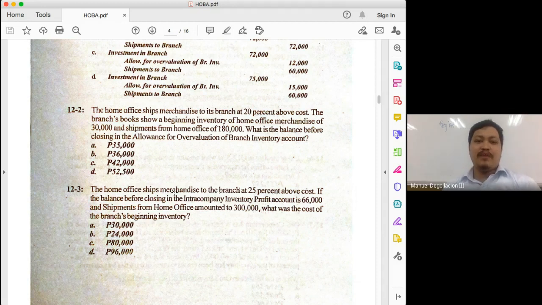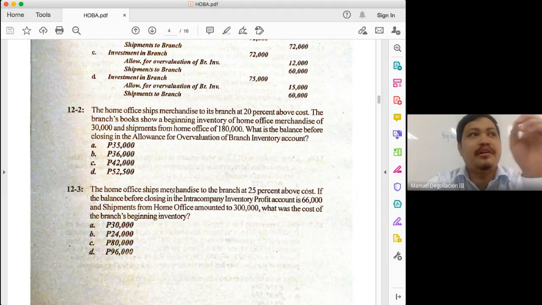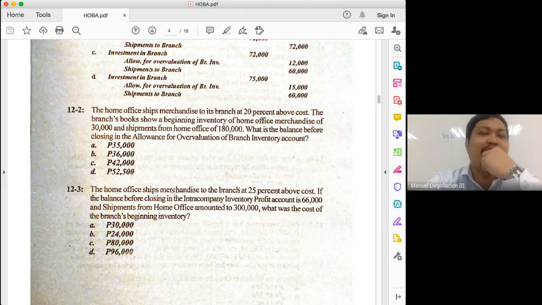Okay, and are we given the amount of shipments at the start, the beginning inventory, class? The branch's books show a beginning inventory of home office merchandise of 30,000. So do we need the markup on the 30,000? Yes. The answer is not the 30,000, because what we need is the markup on the 30,000. The issue now is how much is the markup on the 30,000?